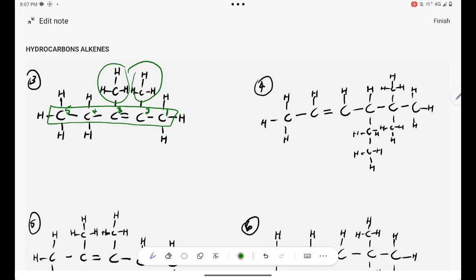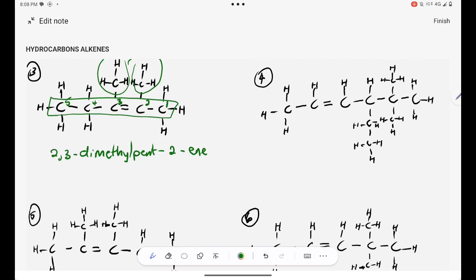So in carbon number 2 as well as carbon number 3, I have my methyl. So I'll simply write dimethyl. And then the parent chain has 5 carbons, so this will be pent. And then between carbon number 2 and 3, I have a double bond. So I'll obviously write the smaller number between the two. That will be 2-ene.